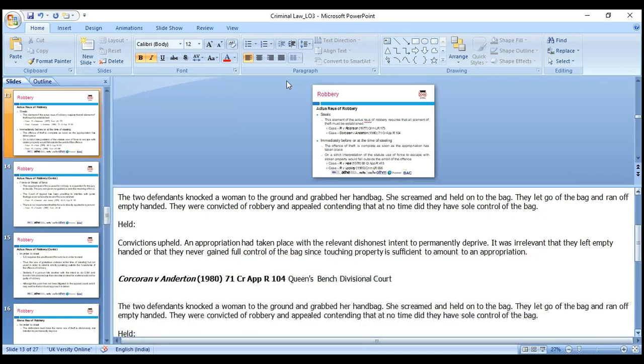The conviction was upheld, as appropriation had taken place with the relevant dishonest intent to permanently deprive. In that case it was irrelevant that they left empty-handed or never gained full control of the bag, since touching the property is sufficient to amount to appropriation. So that's the evidence. Any questions there?